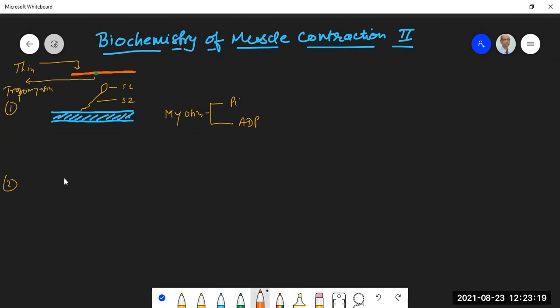So this is again the thin filament, and you have the thick filament, and this is the hinge.